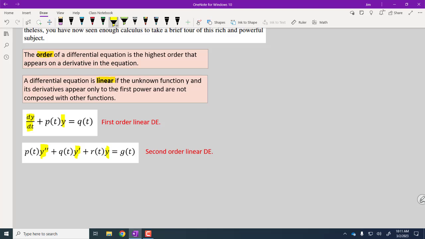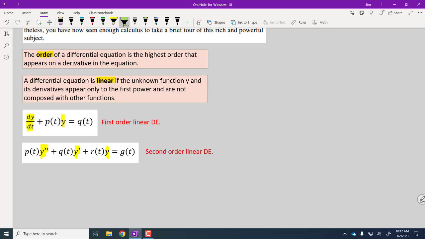We don't have y divided by y double prime. So for a differential equation to be linear, the function and all of its derivatives have to be raised to the first power. We can't have any commingling of the dependent variable and its derivatives. You can't have y times y prime. So it's got to be as simple as possible. We've got the function, we've got its derivative, but we don't have any weird powers on there.